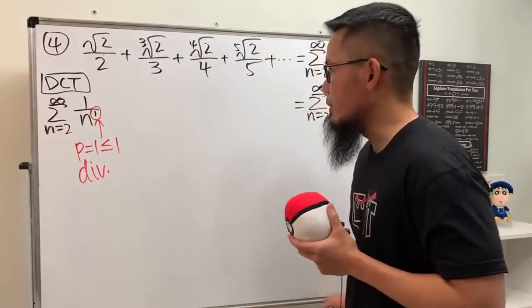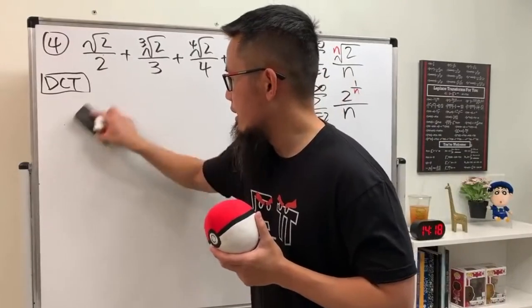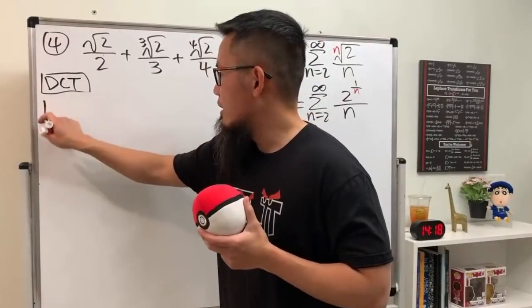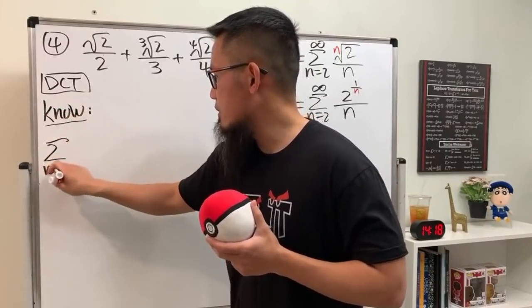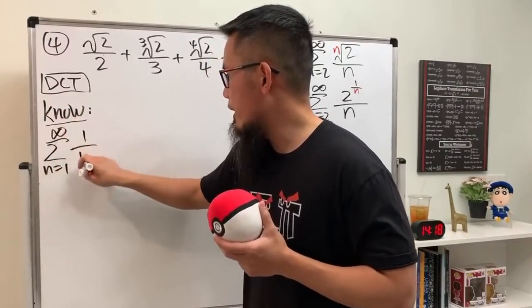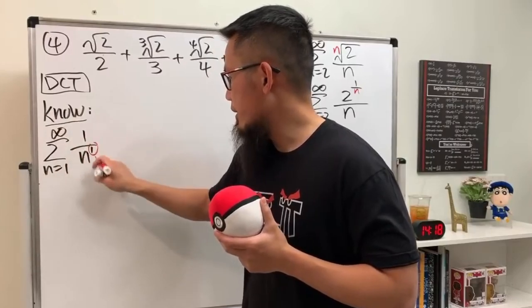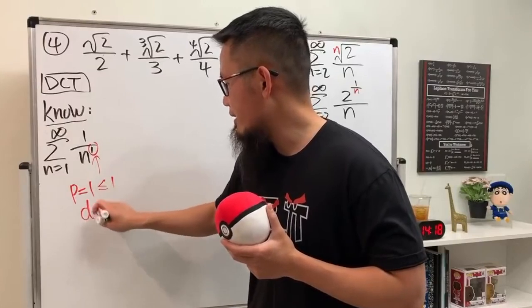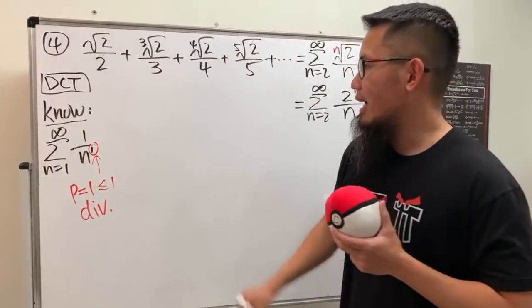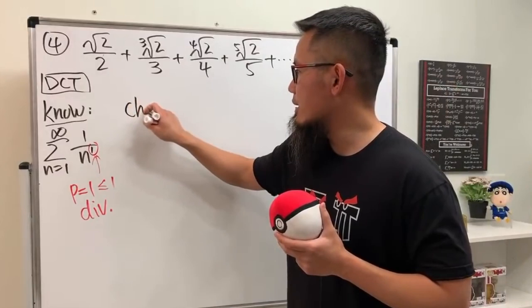Right? So this is what we know. Oh, I forgot to write down what we know. I want to have a consistent solution for you guys. So this is what we know. The sum as n goes from 1 to infinity of 1 over n. And this right here, the p is 1, which is less than or equal to 1. Therefore, it diverges. All right, now do the check.